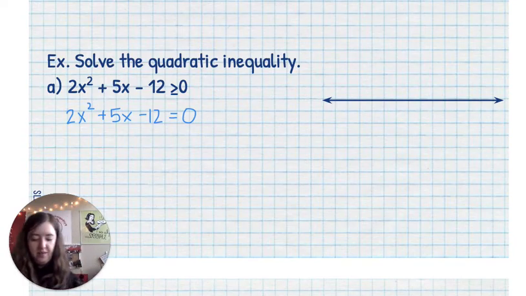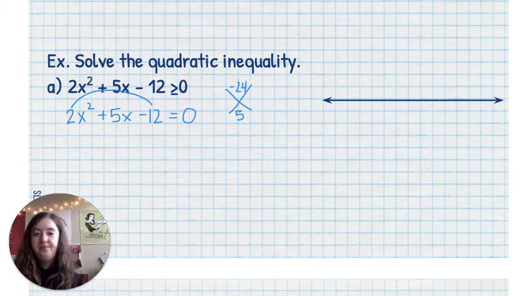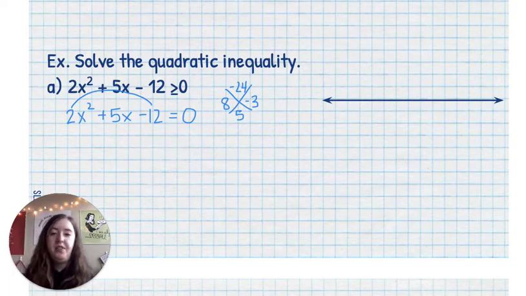No, we don't. So I'm going to have to multiply my a and c. 2 times negative 12 is negative 24. And my b value is 5. So what multiplies to be negative 24 and adds to positive 5? 8 and negative 3.